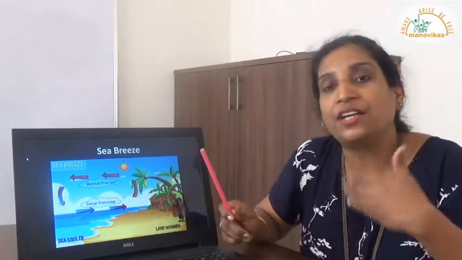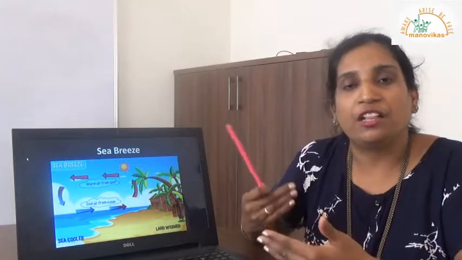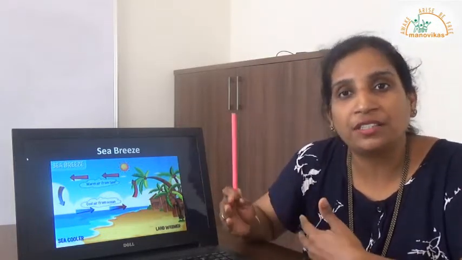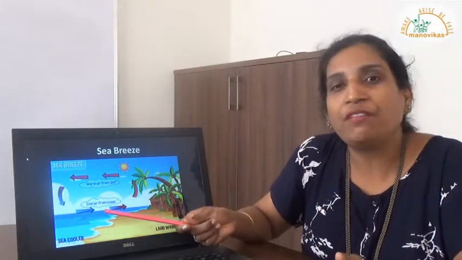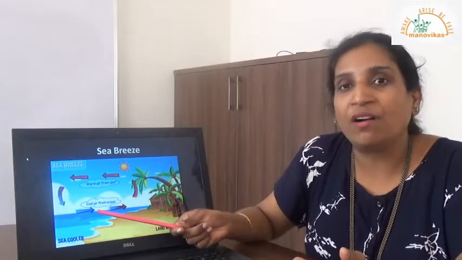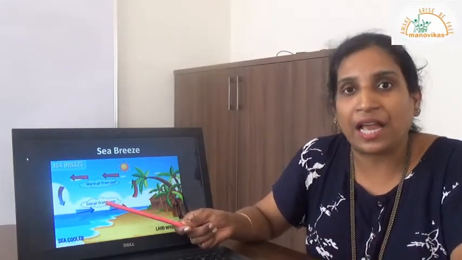Why? Because sea is continuously in motion. Water is continuously moving in the form of waves, tides, and ocean currents, right? So it takes a very long time to get heated up. So the sea, or the air above the sea, is cooler during the daytime.